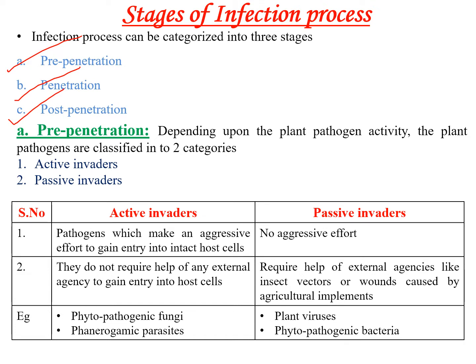They can enter by themselves. But passive invaders require the help of external agencies like insect vectors, or wounds caused by agricultural implements. Examples for the active invaders are phytopathogenic fungi and phanerogamic parasites. In the case of passive invaders, plant viruses and phytopathogenic bacteria.